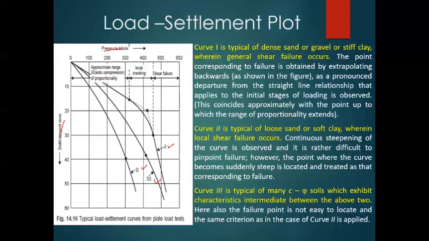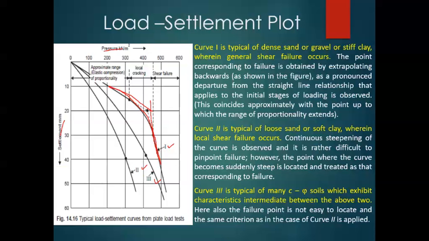As per the shear failure criteria, this is the curve that we have plotted after conducting the plate load test, the pressure versus settlement curve. Then we have to draw the forward tangent as well as the backward tangent, as I have indicated.